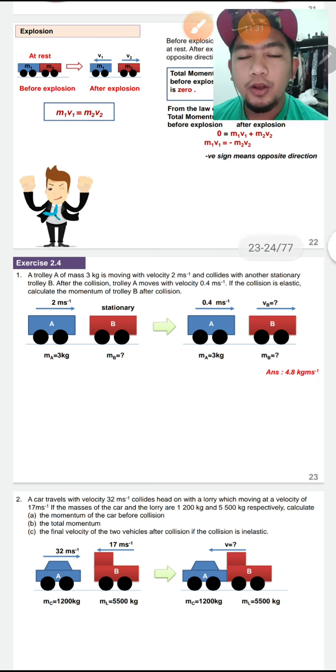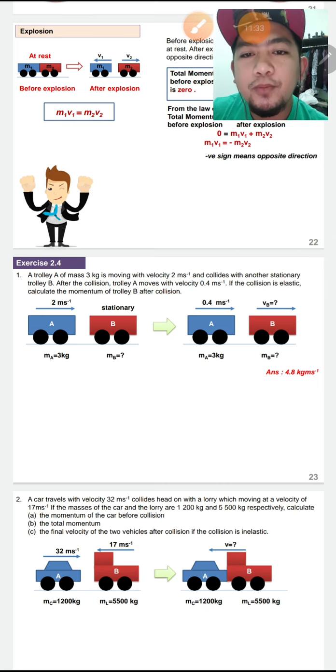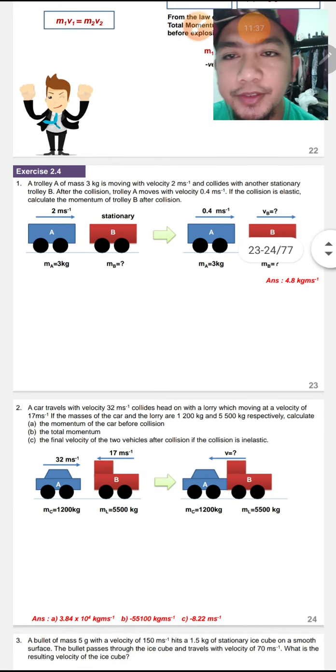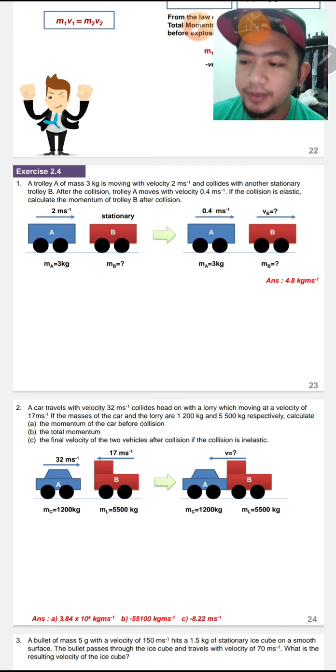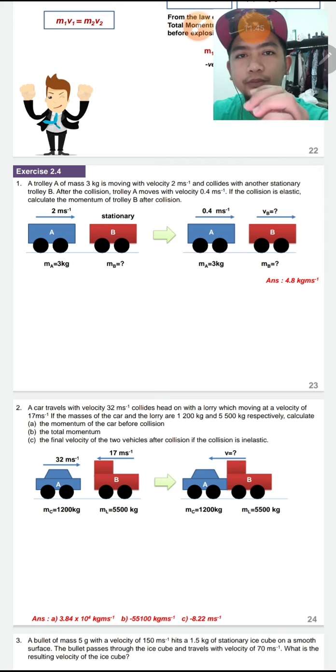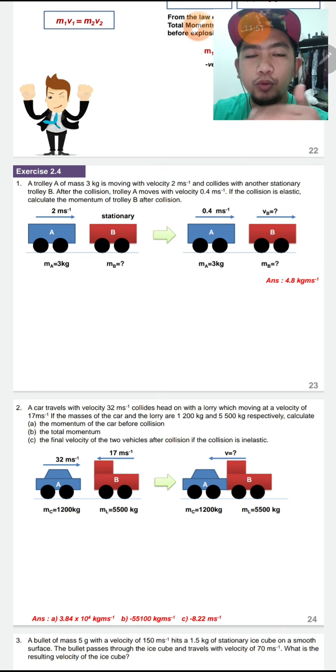To help you understand this subtopic, let's try this question. Before that, remember we have learned about elastic collision. The formula is m1 u1 plus m2 u2 equal to m1 v1 plus m2 v2.